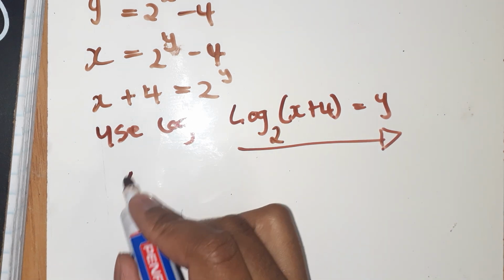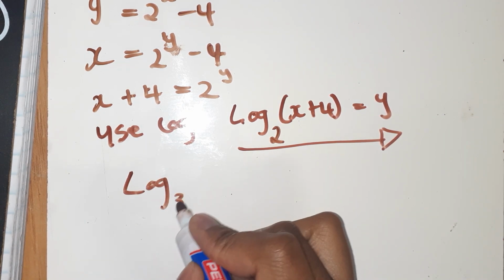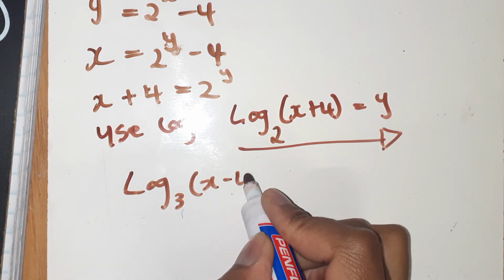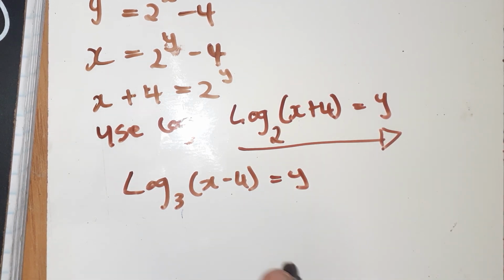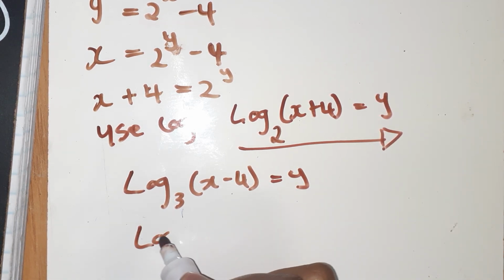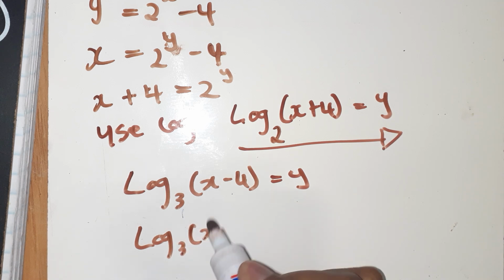If you can look, if we have log 3 of x minus 4, let's say, equals y, and we want the inverse of this, that will be log 3.